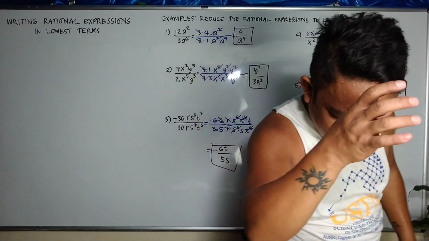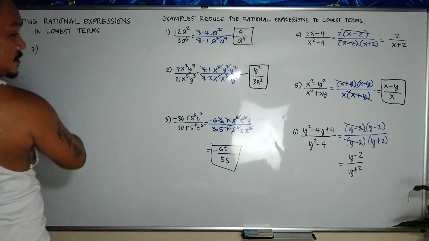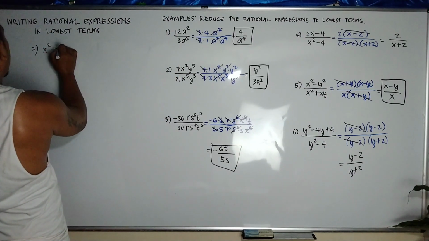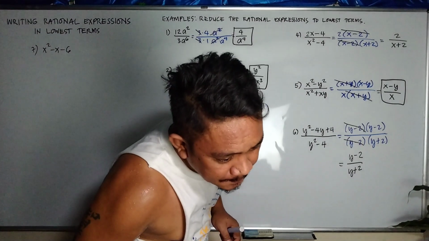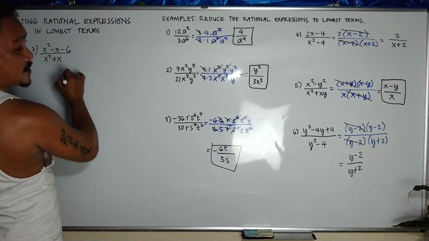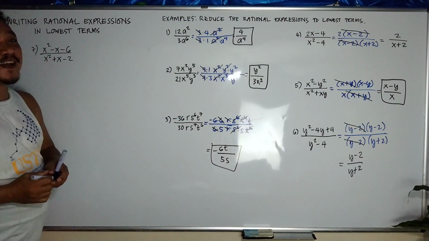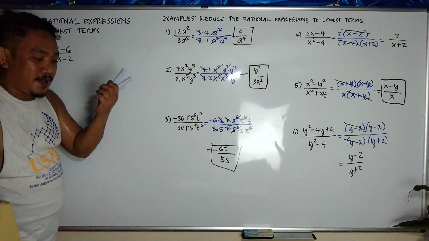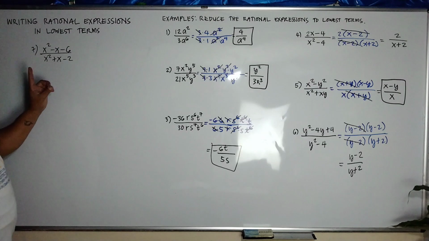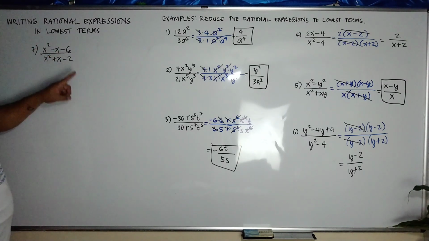Okay, I thought you were not challenged. So, example number 7. You have x squared minus x minus 6 over x squared plus x minus 2. This is the challenging part. For the numerator and denominator, you will use the trial and error method of factoring.